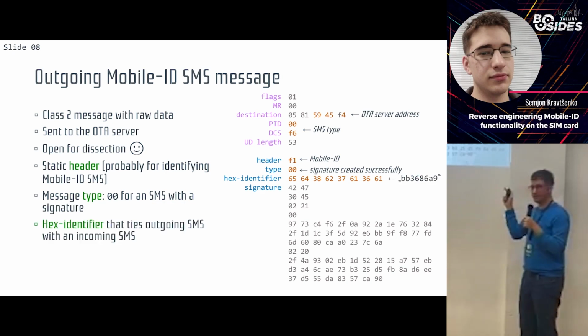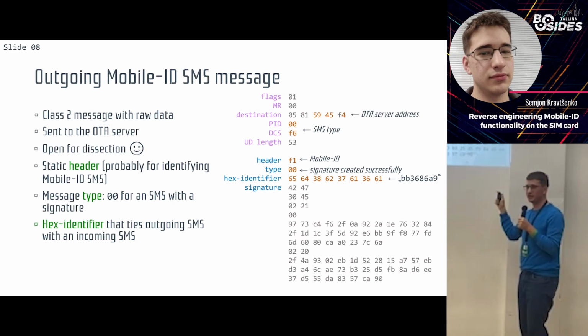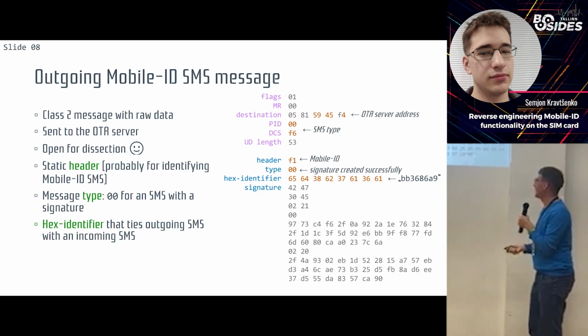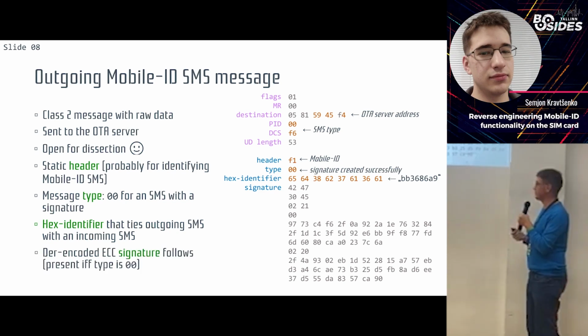And then this hex identifier. We can actually see that it's in clear text here now. And that's why I believe that it was included in the incoming message. So there are 8 bytes, and they spell out 8 ASCII characters. And those 8 ASCII characters are, in fact, hexadecimal. And after that comes the encoded signature. In this case, it's an elliptic curve signature.